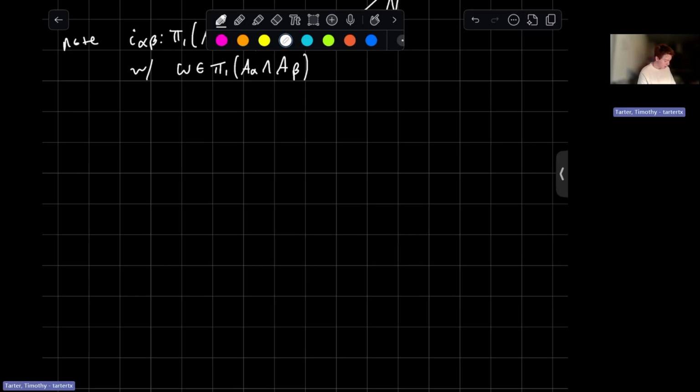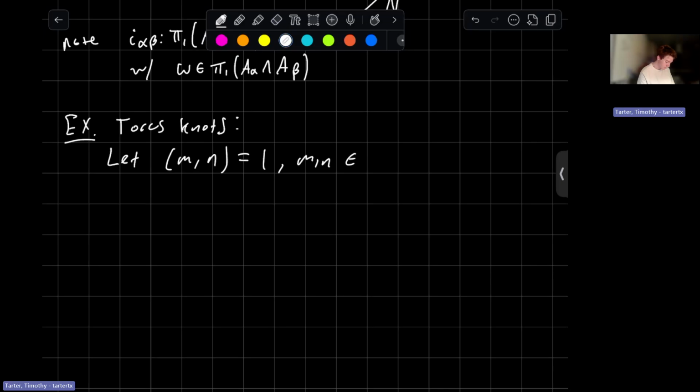So here we're going to be talking about torus knots. Let the GCD of these two numbers m and n in Z be 1, and they're greater than 0.